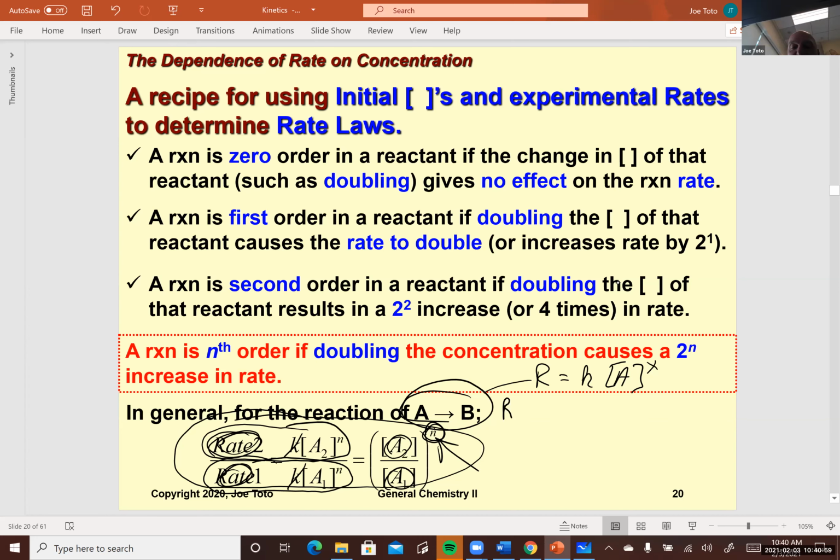Yeah, I'll show you what it is right now. So if it's second order, then this x would be 2, right? And we know that the rate always has to have units of molarity per second. And so k's units have to be something per second.